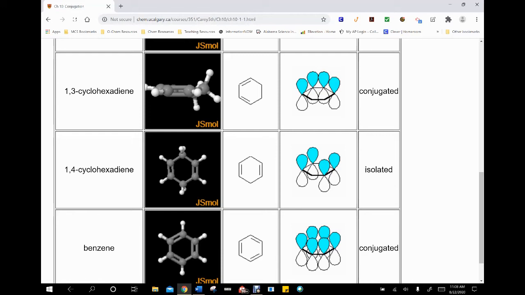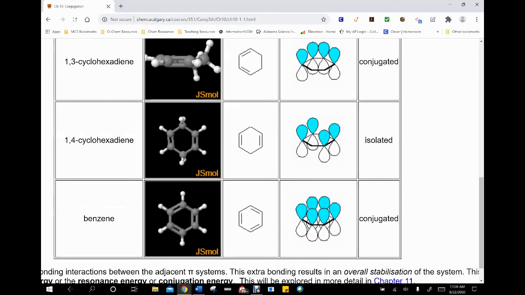So what happens is that creates 2 isolated systems, one on the left between these 2 p orbitals and one on the right between these 2 p orbitals. So those sp3 carbons at the tip break the conjugated system into 2 isolated groups.